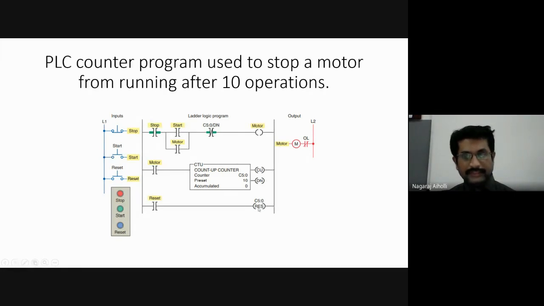So when this reset is energized, whatever count value is there in this up counter will become 0. Suppose it is counting 0 to 5, and you press the reset switch, then what will happen? Whatever count was there, 5, the accumulated value, will become 0. This is how after counting 10 operations, the motor is going to stop.